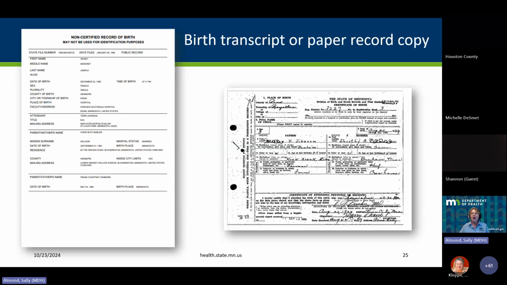This is the difference. On the left is a non-certified transcript legal. You can print this from any birth record in MRNC, even the old ones, but because the standard birth data file has changed over the years, not all fields may be populated on older records. On the right is a photocopy of a birth record where I've obscured the identifying information, but if the record was filed in 2001 or earlier, customers can choose to get this photocopy instead of a legal transcript when they want a non-certified copy.